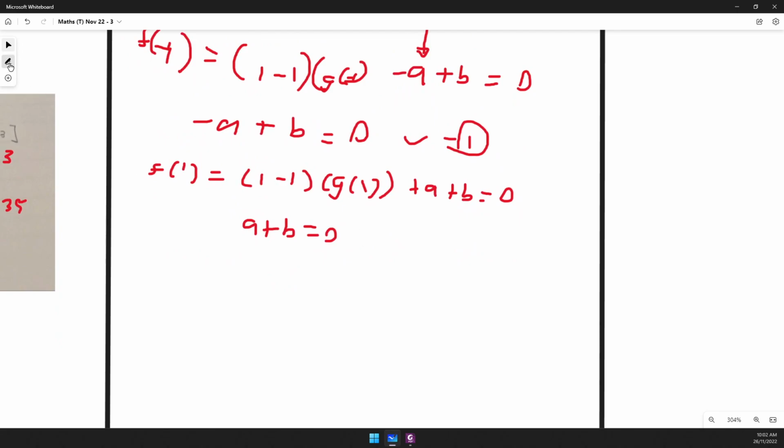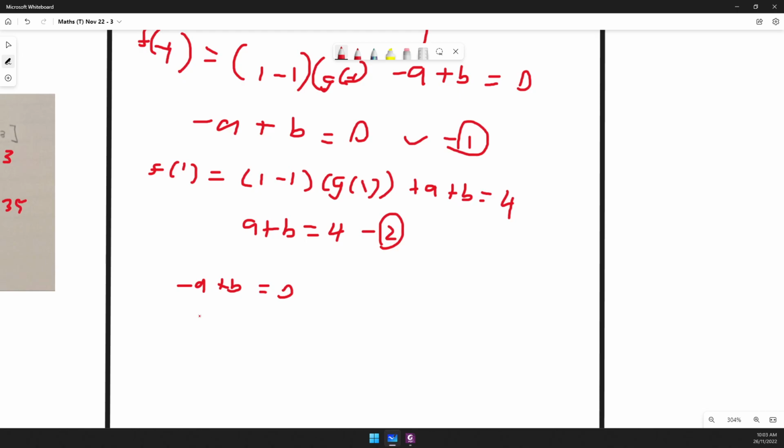For f of negative 1, must we write equals to 4? Oh right, I forgot, it equals 4. You mentioned it in the question. So this one will be equal to 4, and this will be your second equation.